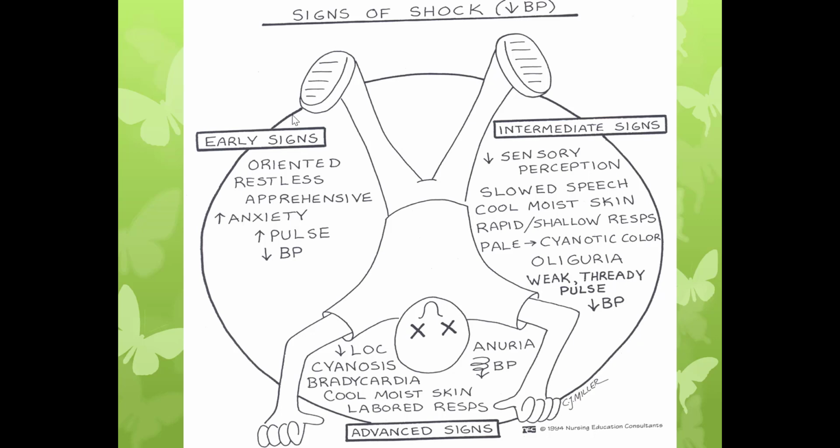And once your heart is deprived of enough oxygen that it can't keep up with that tachypnea, it will go the other direction, and that tachycardia will go to bradycardia. And everything will slow down. That's a bad thing. That's not them recovering. That's them getting closer and closer to a really bad outcome.